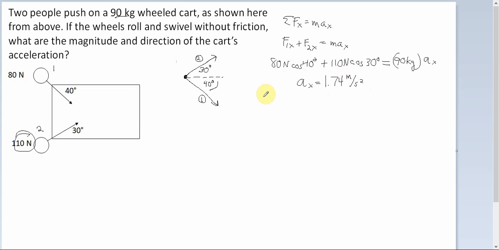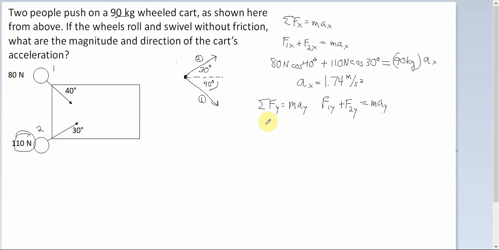And then we do the same thing for the y components. So the sum of the y components of the forces is equal to the mass times a sub y. This is going to be F1y plus F2y is equal to m a sub y.